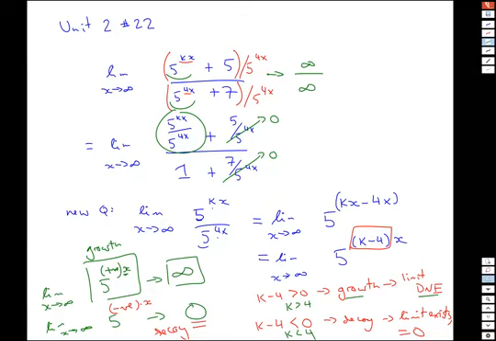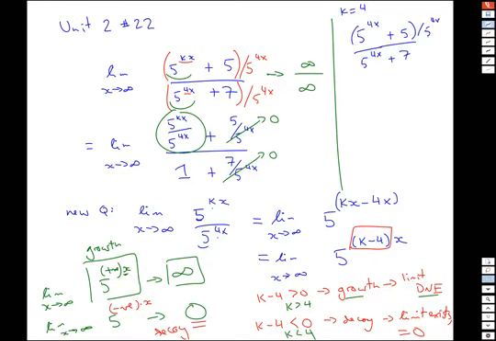Right, there's that transition point. If k equals 4, what I would actually be tempted to do is go back to the original question, because in specific cases like that, if you had k equals 4, then you can actually do the limit because you have the same expression in the numerator and denominator. I think you'd get 1 at the end, yeah, because you divide top and bottom by 5 to the 4x.